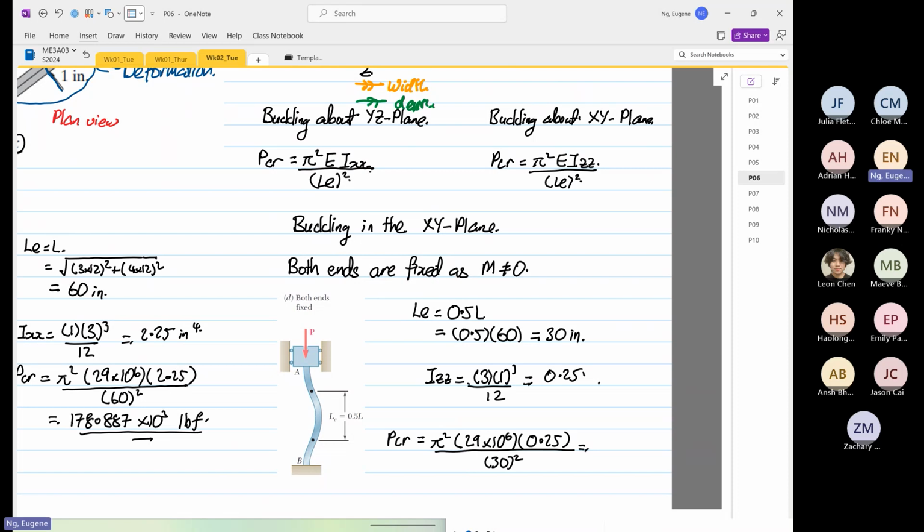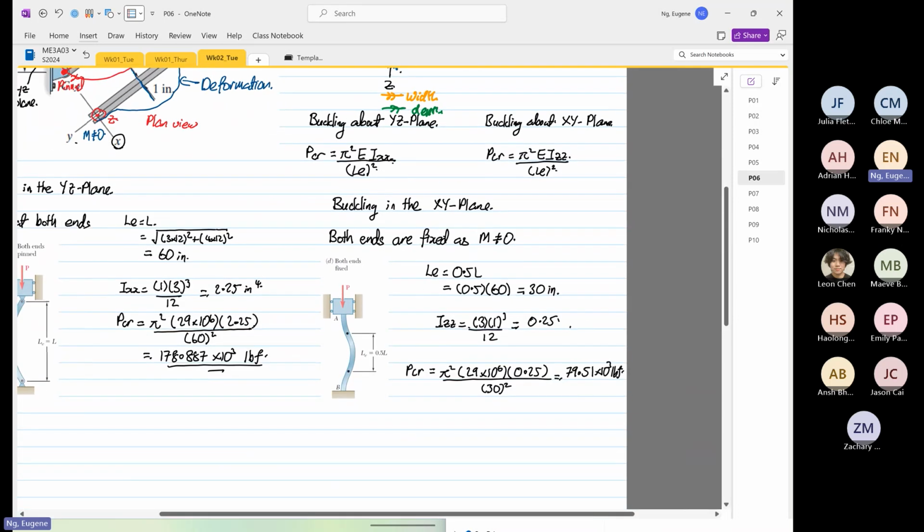So 29 times 10 to the power 6 times 0.25 divided by 30 divided by 30, then times pi squared is equal to 79.51 times 10 to the power 3 pound force.